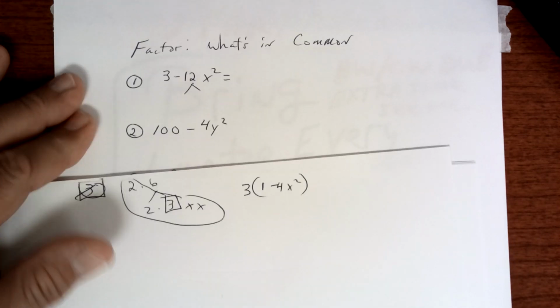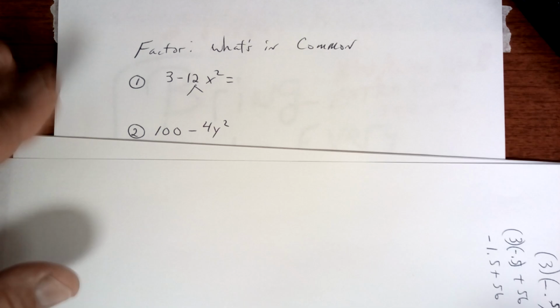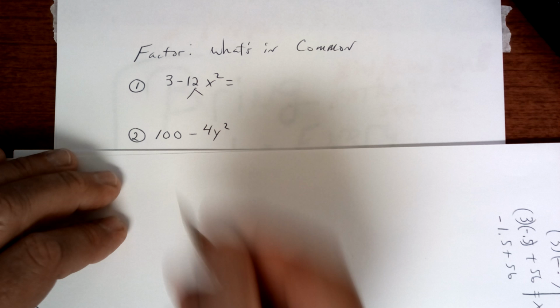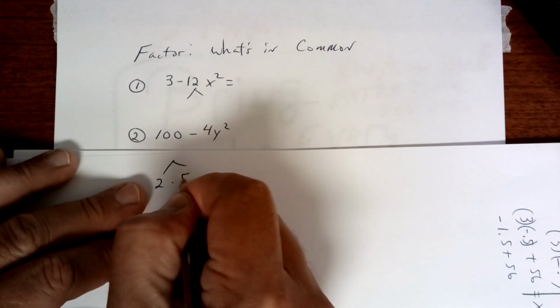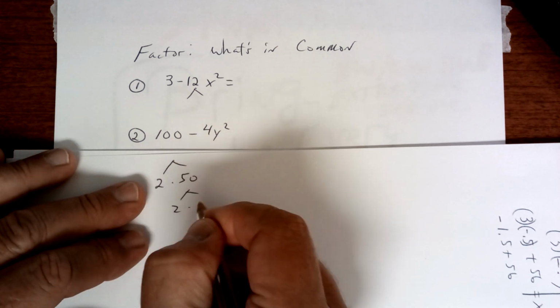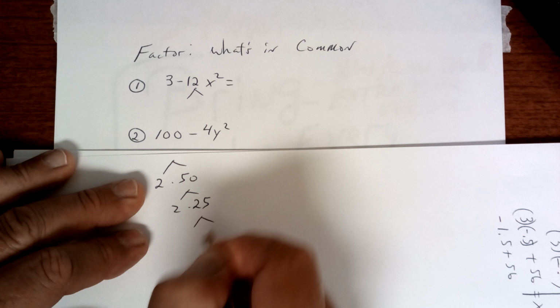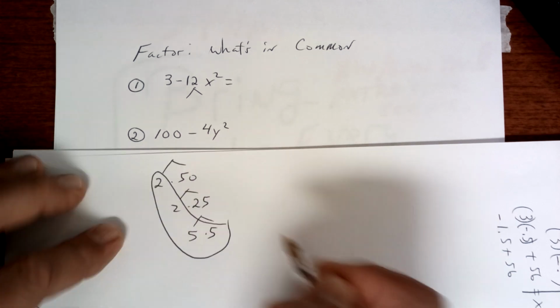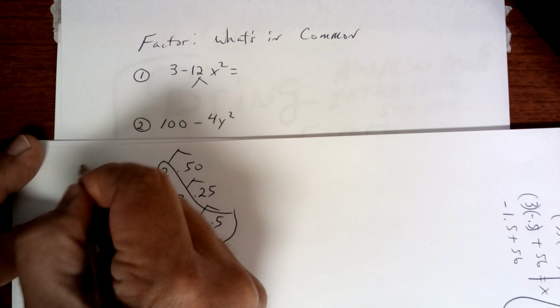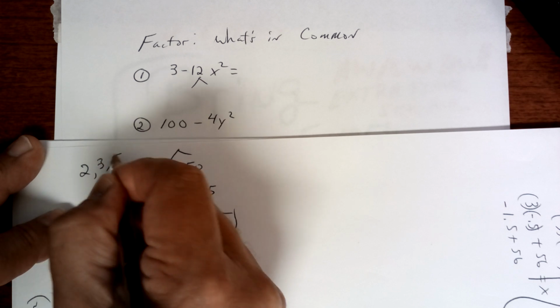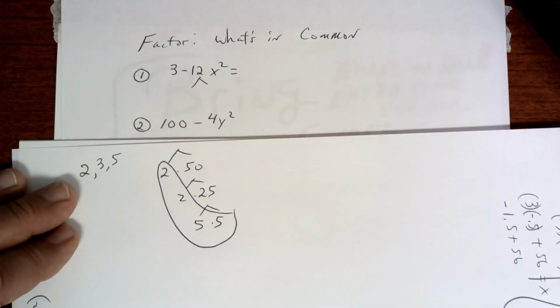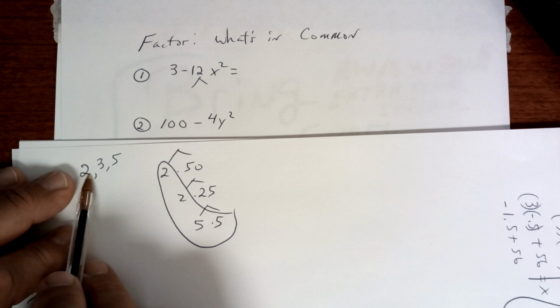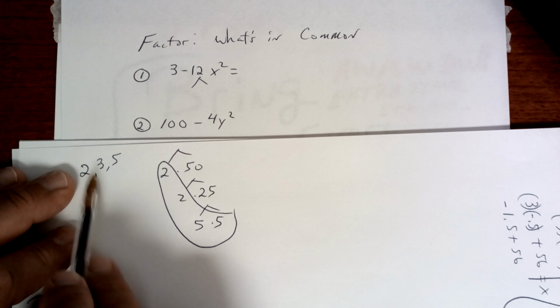Watch again. We're going to do prime factorization. We're going to do 2 times 50, 2 times 25, and 5 times 5. That's called prime factorization. Remember, I told you to use your 2's, 3's, and 5's. Write that down and use these first. All your 2's, all your 3's, and all your 5's.